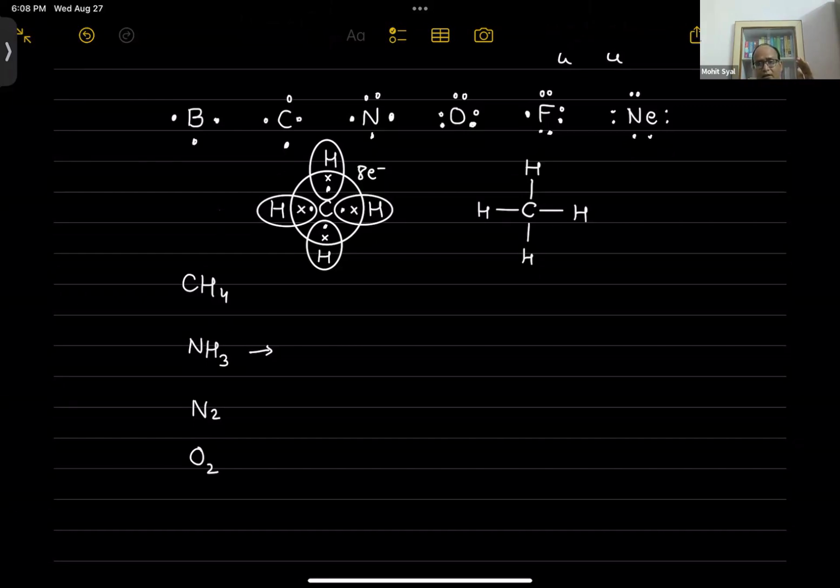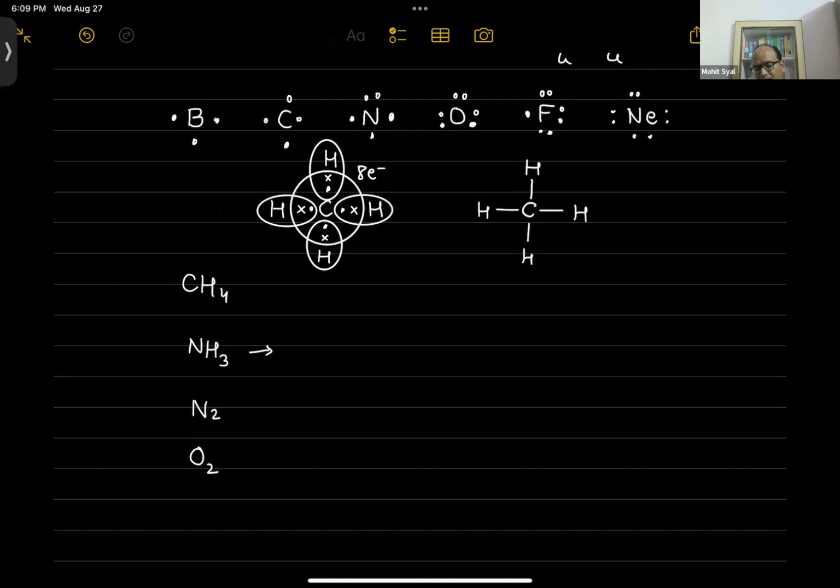If I share 3 of the valence electrons, those 3 will become 6, because they are shared with 3 electrons of the other atoms, so they become double. So 5 were there, out of those I shared 3, they became 6, and 2 more makes 8. That's how it will complete its octet.